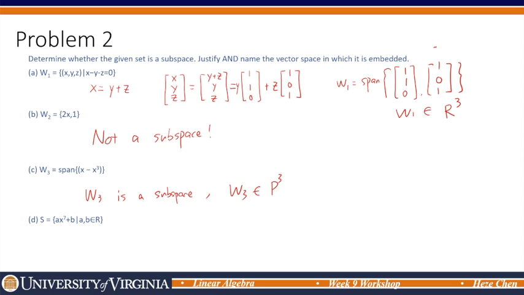D. S is the set of ax to the 7 plus b, where a and b can be any real number.